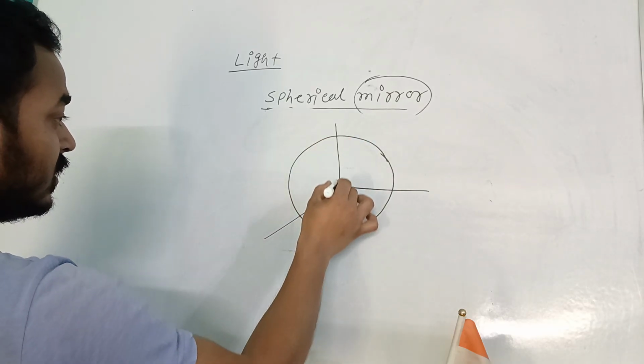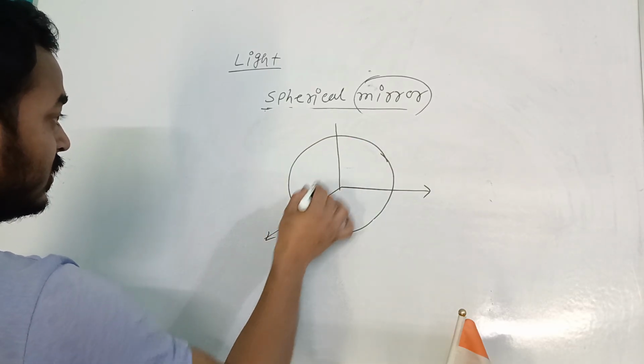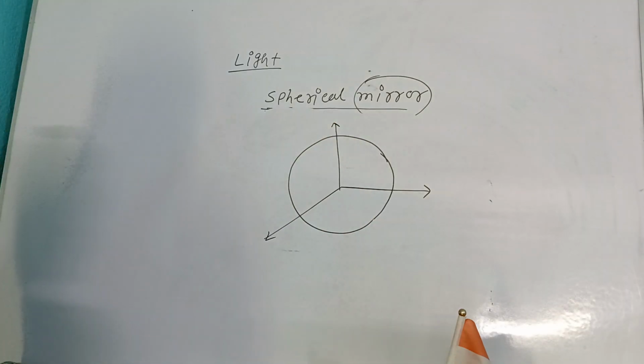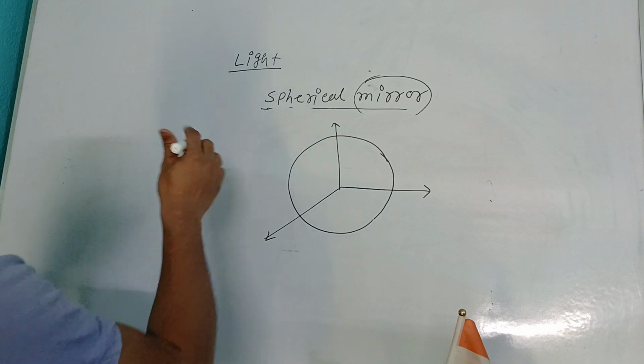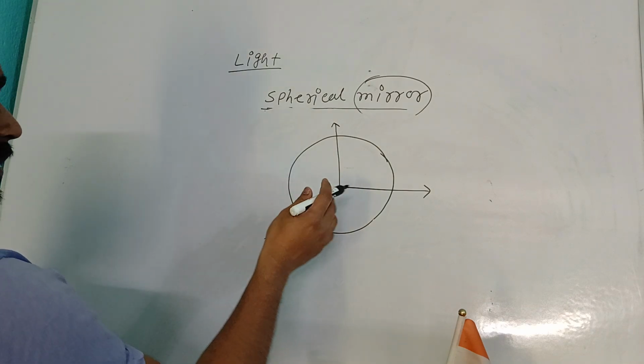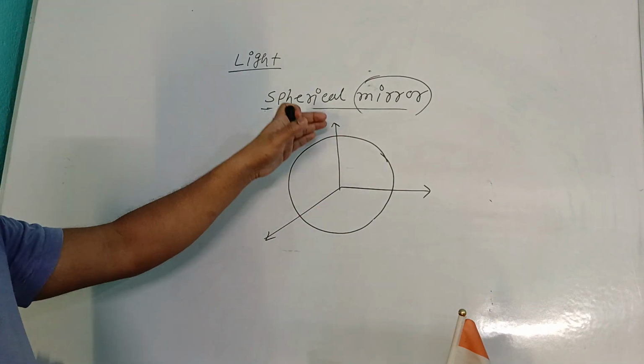Let me draw three coordinates x, y, z. Now it is a sphere. A spherical mirror, either concave or convex, is a part of this sphere.